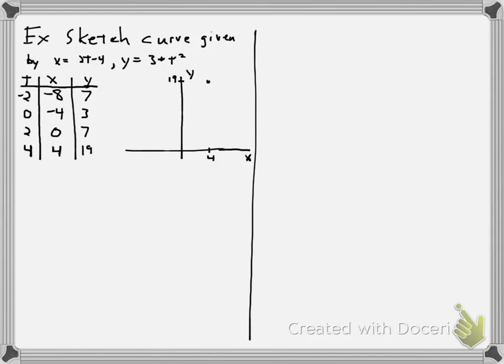I guess I'm plotting from the bottom up in our table. Nonetheless, if we plot the point 0, 7, it would be somewhere around here. We plot the point minus 4, 3. It looks like it would be somewhere around here.